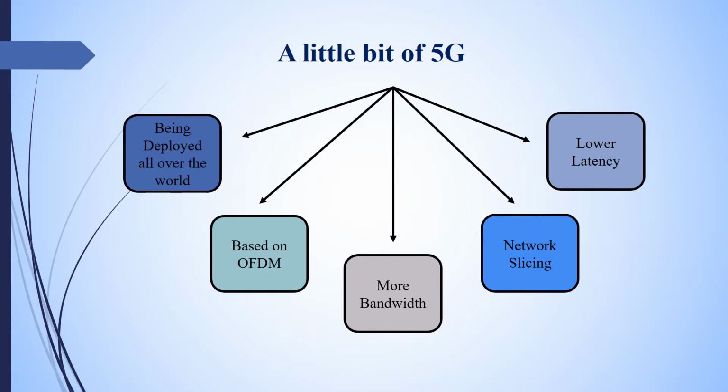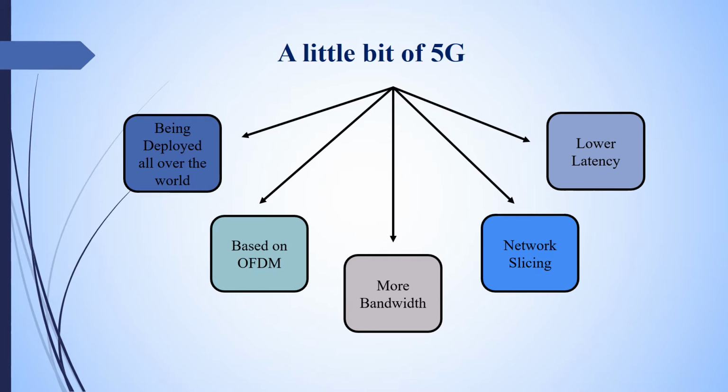OFDM is basically a method in which signals are transmitted from one point to another. It can be understood really clearly from the net, but this is not our topic here. OFDM stands for orthogonal frequency division multiplexing. It is a technique in which devices can connect with each other via electrical signals.